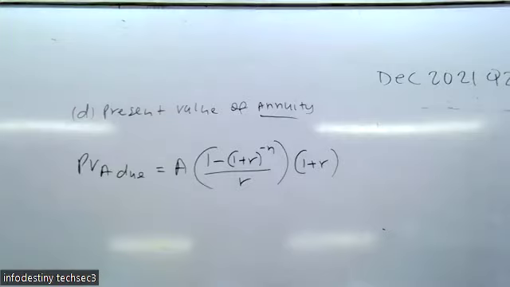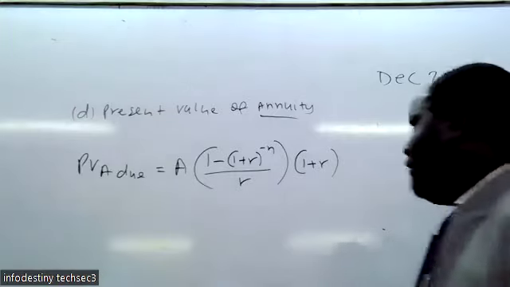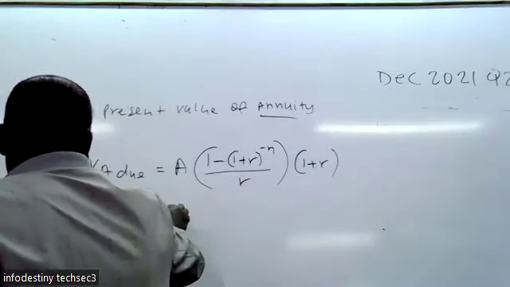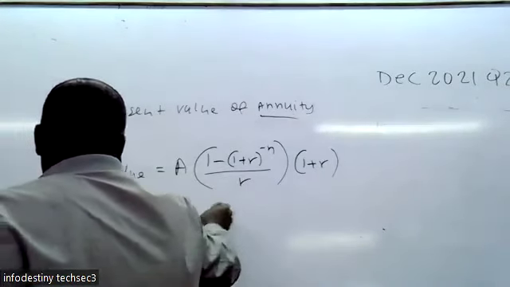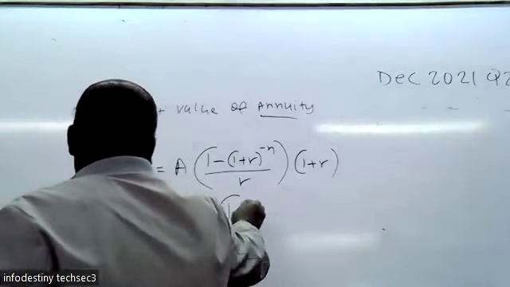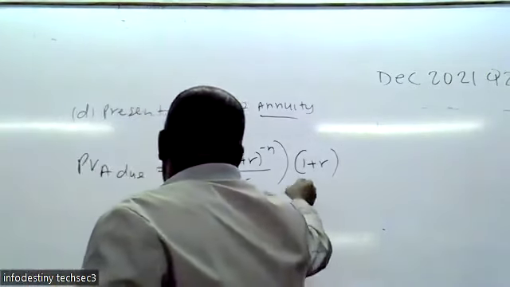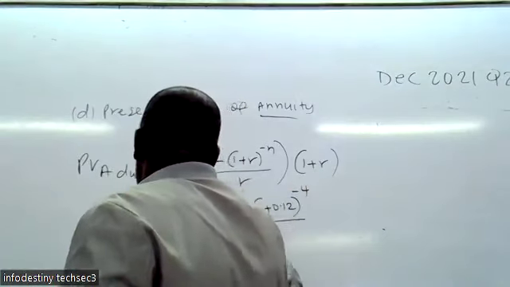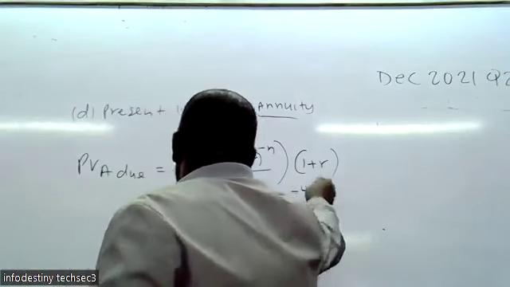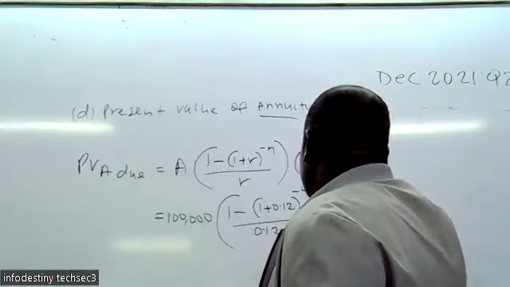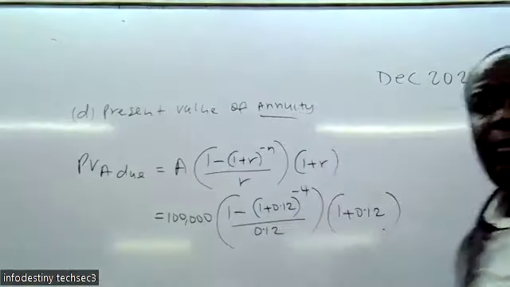So the concept is the same question, whereby this one is 100,000, then 1 minus (1 plus 0.12) to the power of negative n, then we divide by 0.12. Then after that, we multiply by 1 plus r.